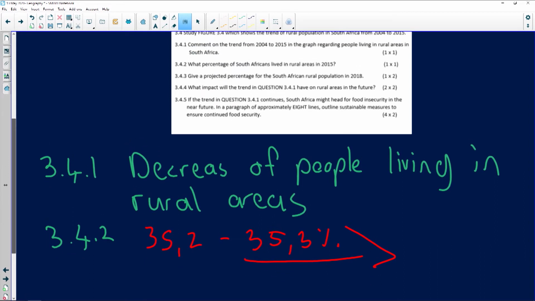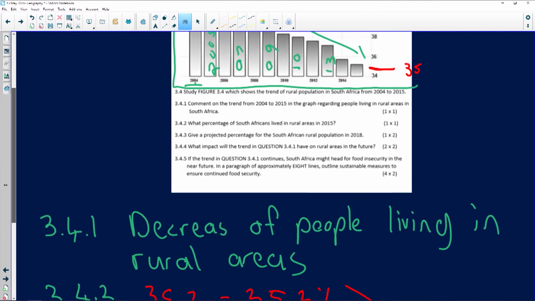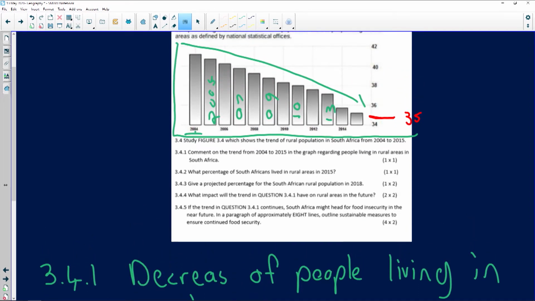Now if you look at our next question, 3.4.3, give a projected percentage for the South African rural population in 2018. Now you need to give a projection. As you can see, it's been steadily declining over the years.